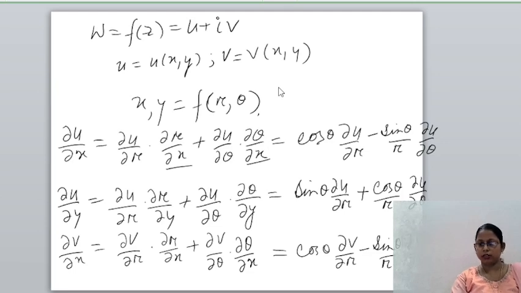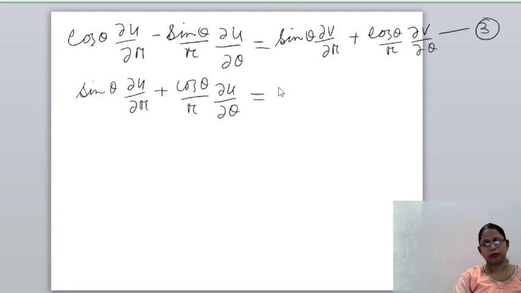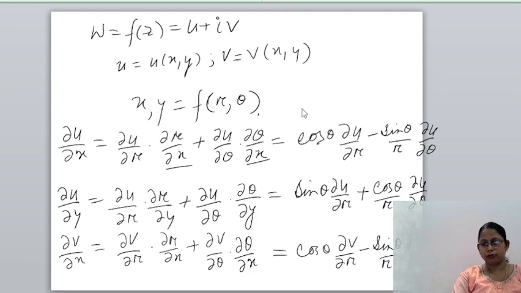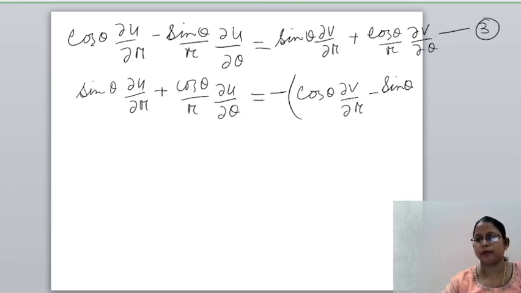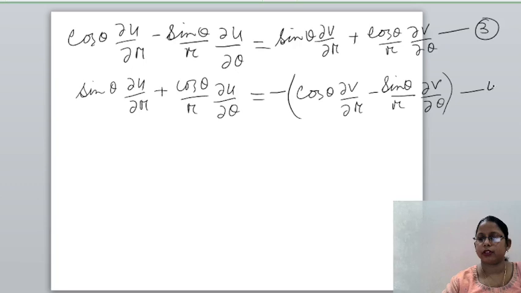Next is minus, put a minus, then put a bracket. Del v del x. Del v del x is cos theta del v del r minus sin theta by r del v del theta. Cos theta del v del r minus sin theta by r del v del theta. This is equation 4.